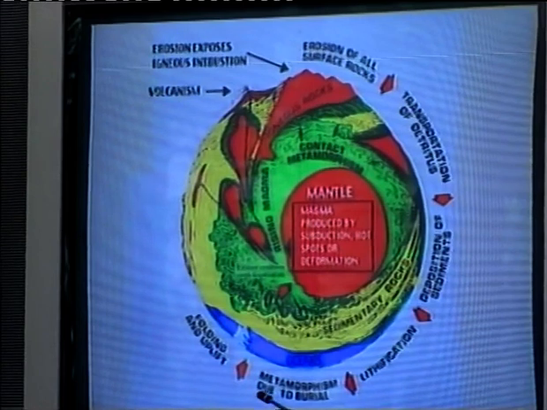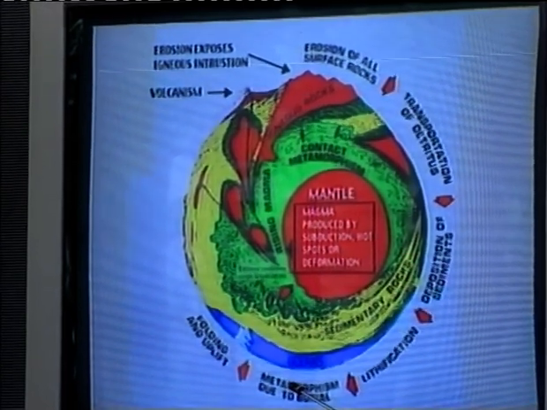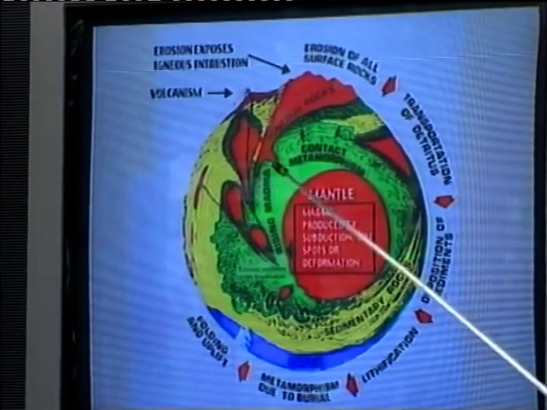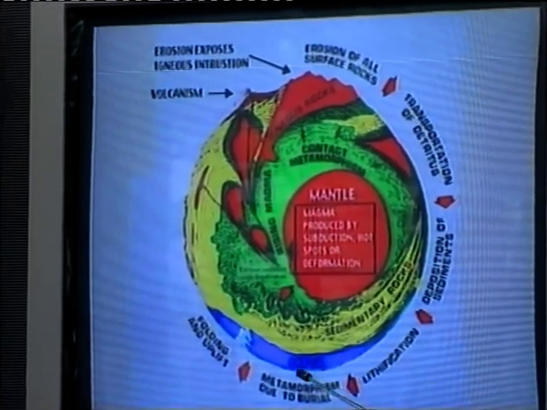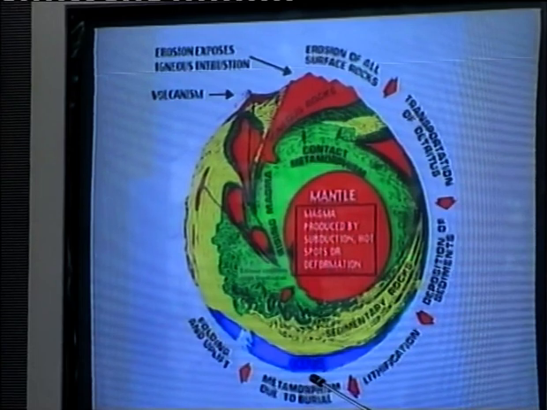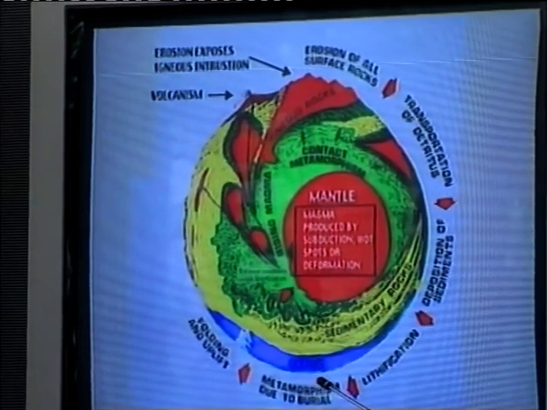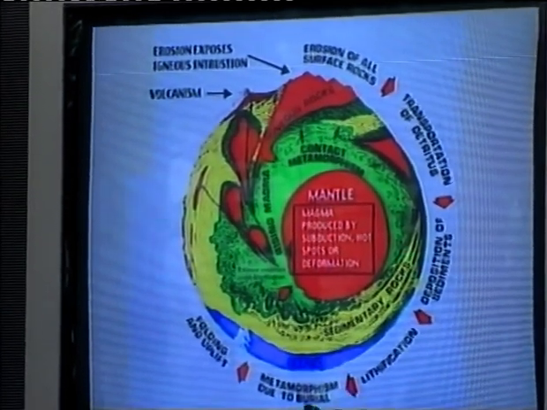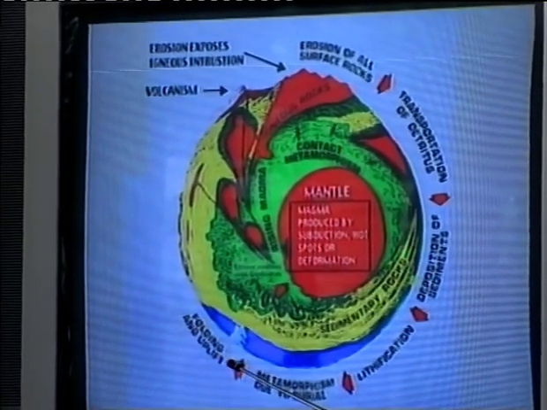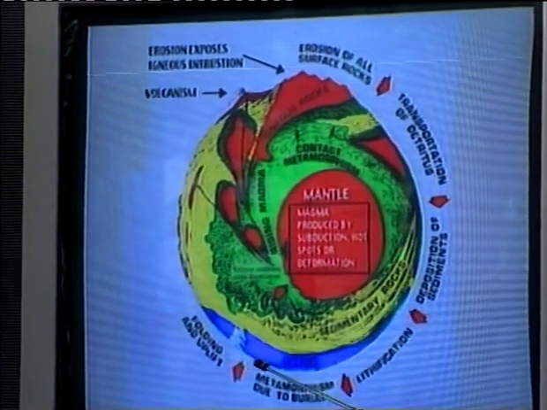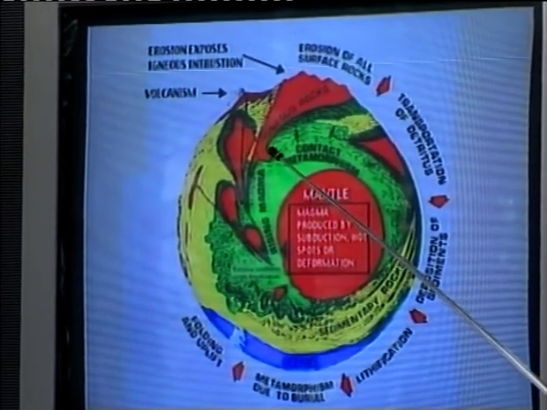Then comes burial. And when those deposited materials are buried, they go through the process of metamorphism. Heat and pressure are exerted, resulting in changes in the crystal structure, appearance, and composition of the rock. Then through folding and uplift, those rocks which have been buried get to be exposed.